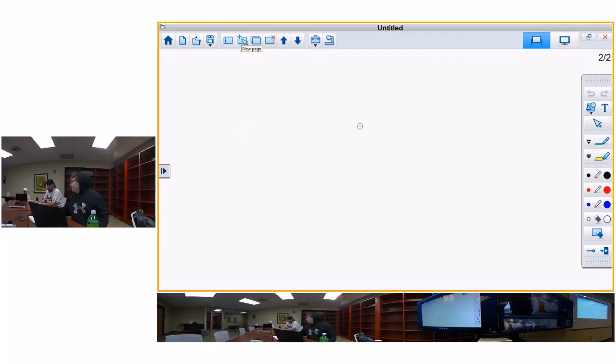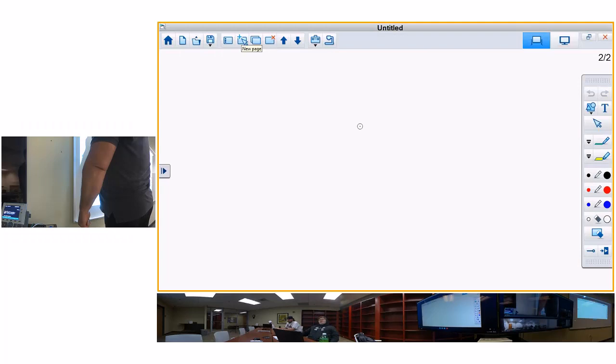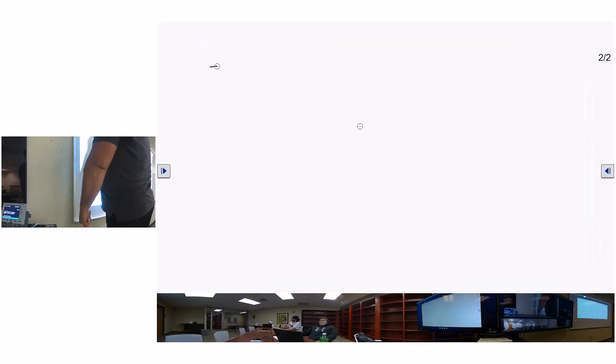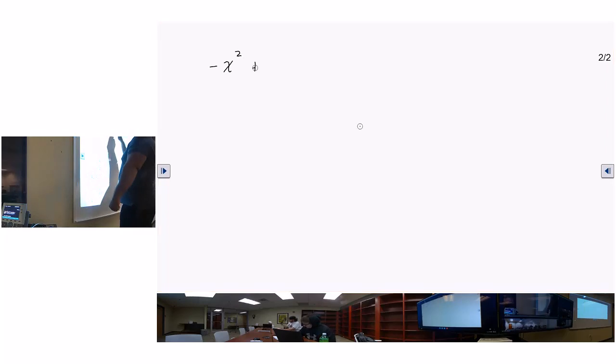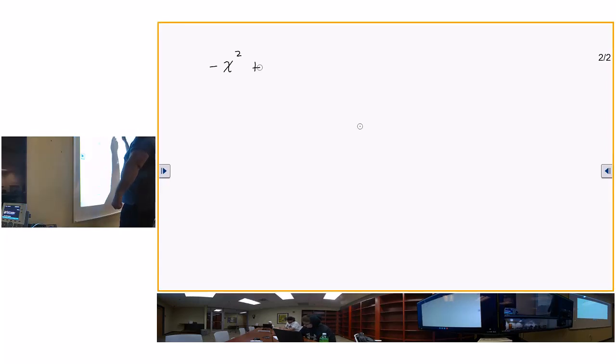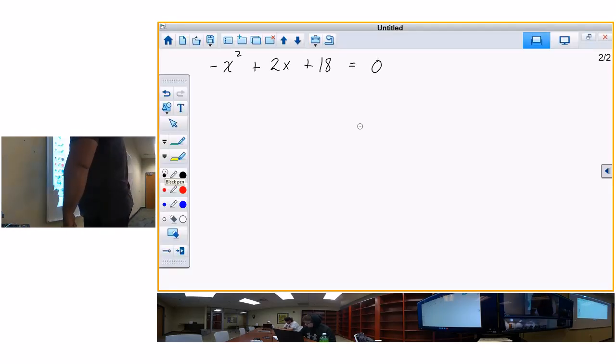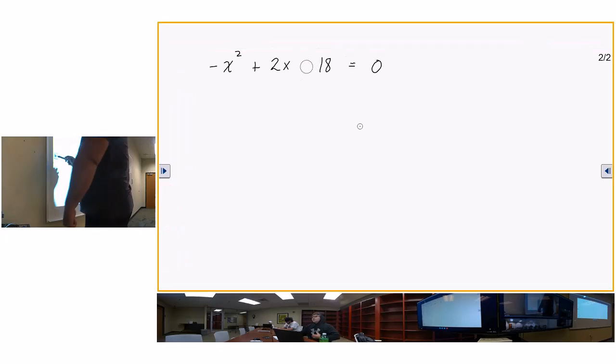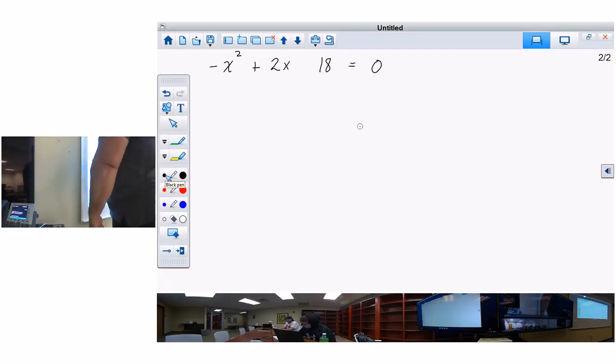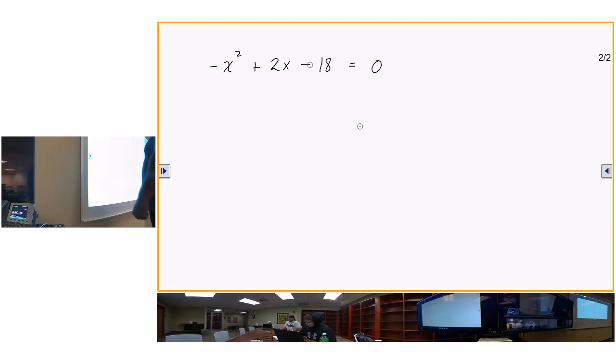I'm going to be real simple, okay? Negative x squared plus 2x plus 18 is equal to 0. No, make that a minus 18.